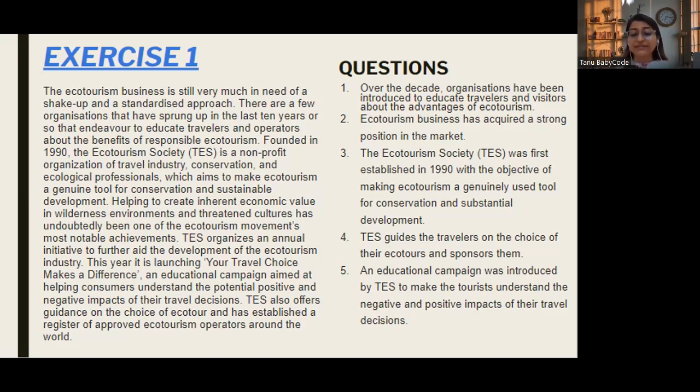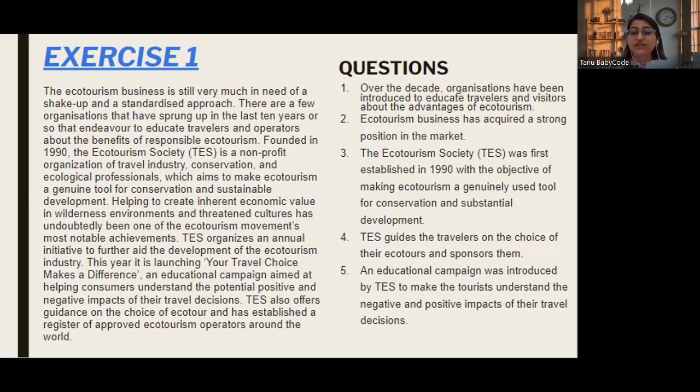Sprung up basically refers to introduce. Last 10 years means a decade, and benefits refers to the advantages. So we clearly got the same meaning, what the writer claims and what the question says. So the statement is said to be yes.